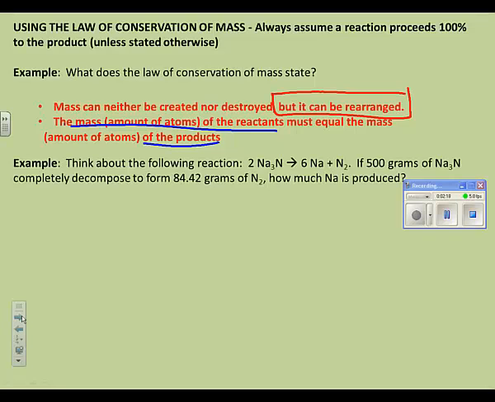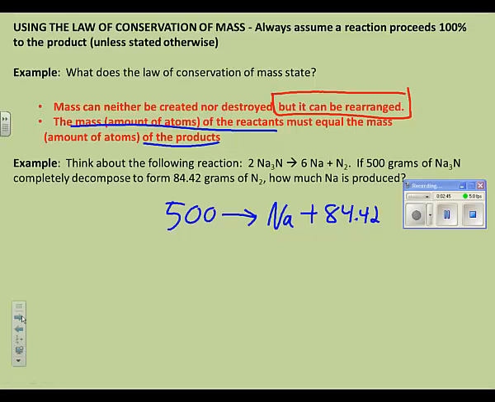So if we start off with 500 grams of sodium nitride, and complete decomposition forms 84.42 grams of diatomic nitrogen, how much sodium is produced? So we can say 500 yields some amount of sodium plus 84.42 grams of diatomic nitrogen.